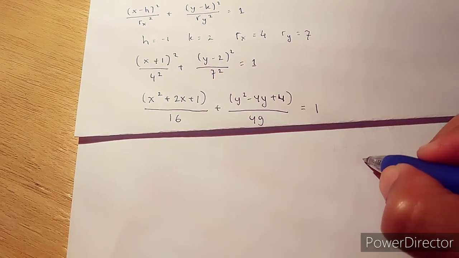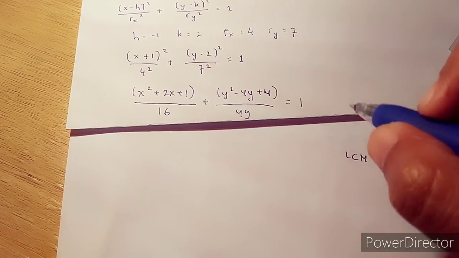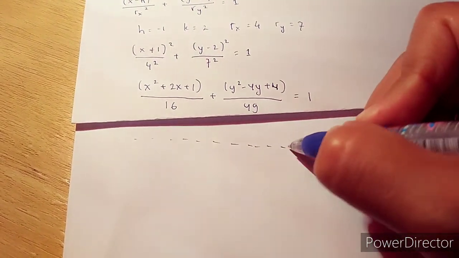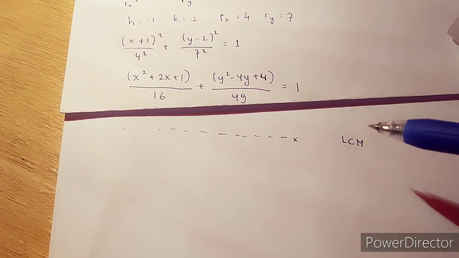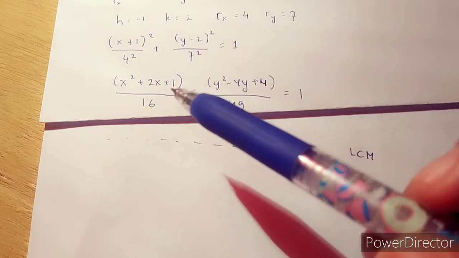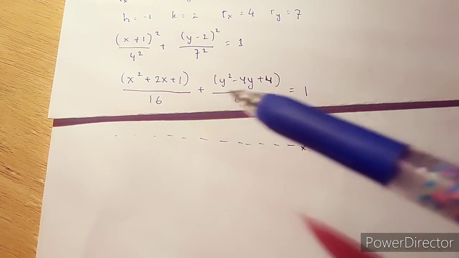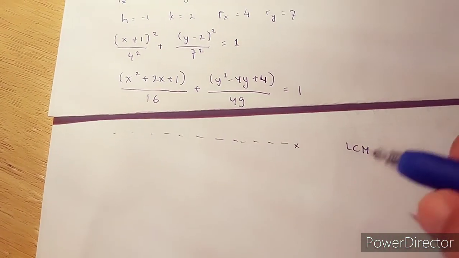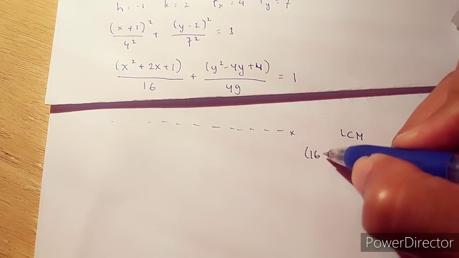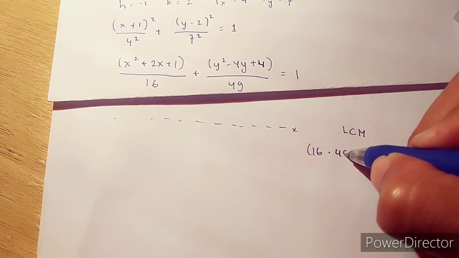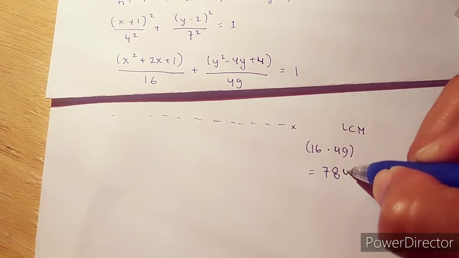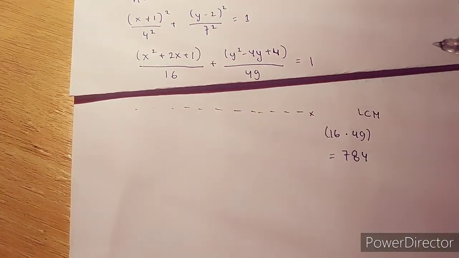When you try to find the least common multiple of 16 and 49, it's not helpful, because 16 is 4 times 4 and 49 is 7 times 7. So still you need to multiply by 16 times 49, which equals 784.